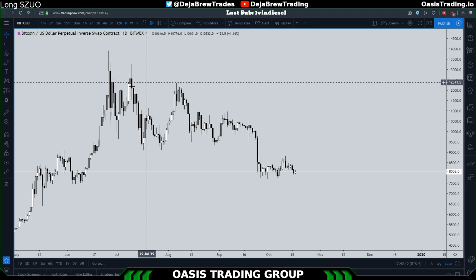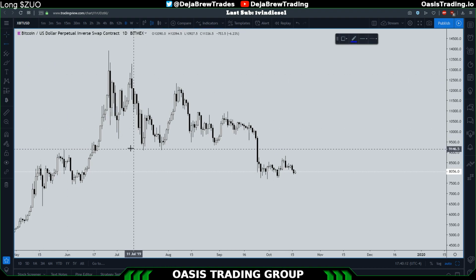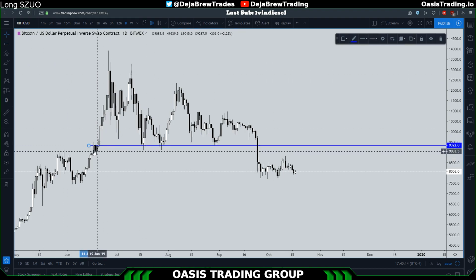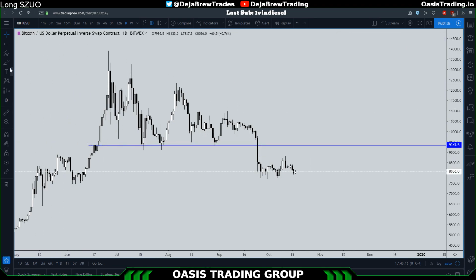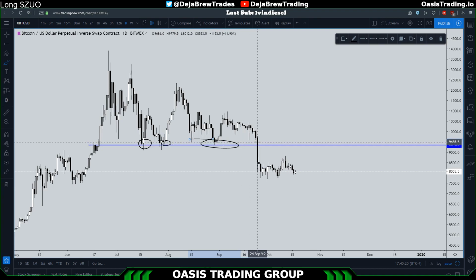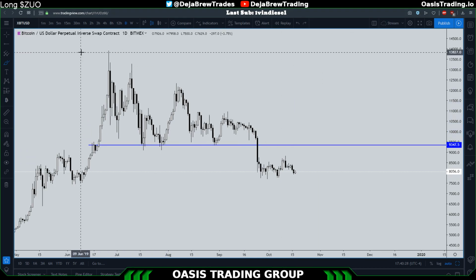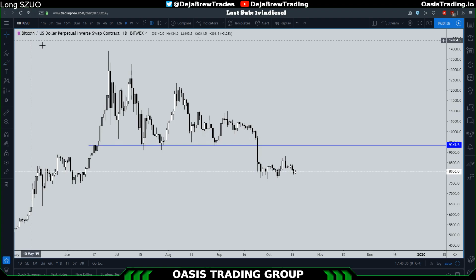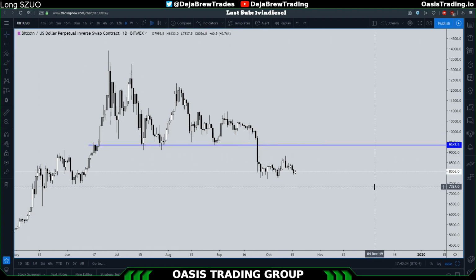So let's say you see this level here on Bitcoin, right? So you have support, support, support, and then you're thinking, oh, it's going to come down, it's going to test this support, I'm going to buy it, and it's going to pop up, and we're going to be good. So let's say you enter here at, what is that, 9,400.